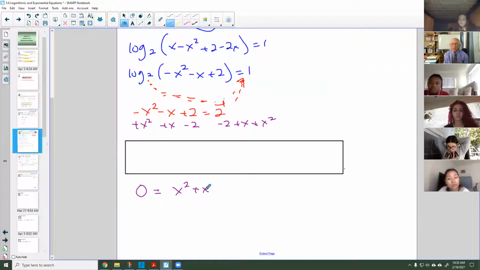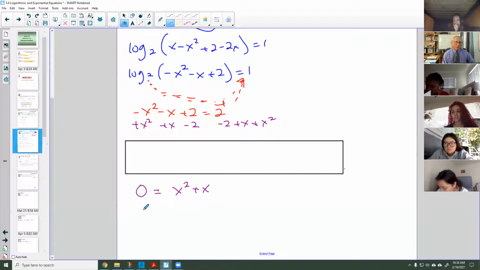Okay. I did that because if you want to solve a quadratic, you need to get everything on one side and set it equal to 0. So I have it set equal to 0. First of all, I like to write my x's on the left. I get kind of confused when I don't.